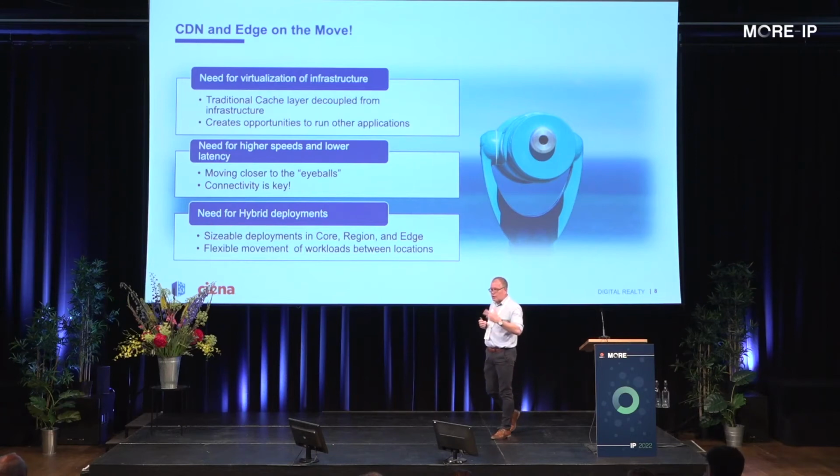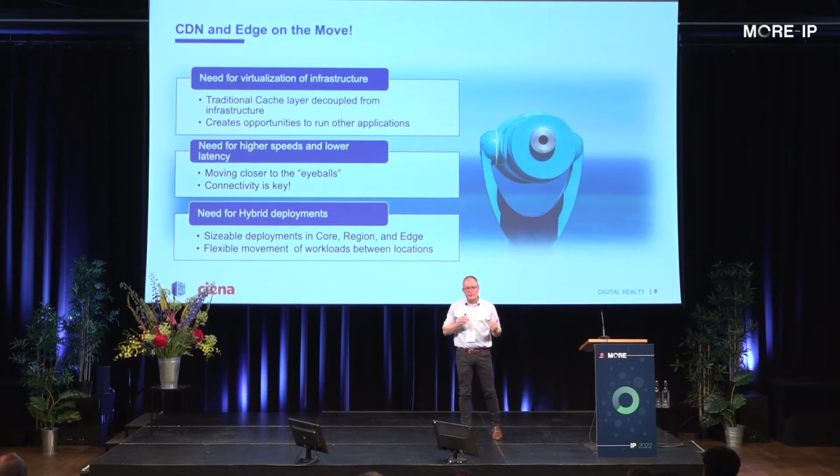With the likes of artificial intelligence, with the likes of virtual reality, augmented reality, there is a definite need to move closer to the eyeball, closer to the user. And therefore, what you already saw with the cloud companies, with that cloud out progress that they're making, they're building these smaller regional data centers.